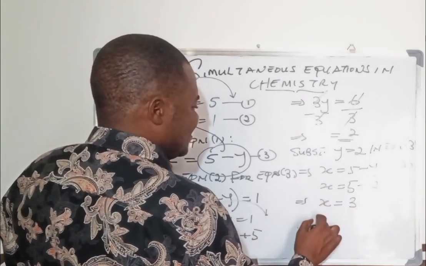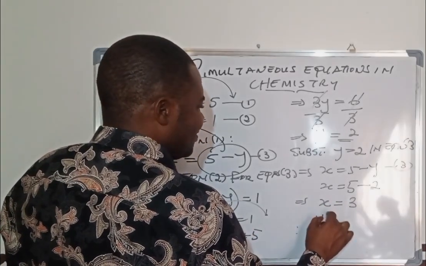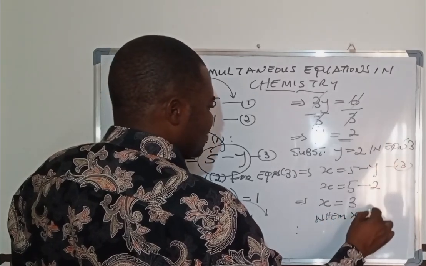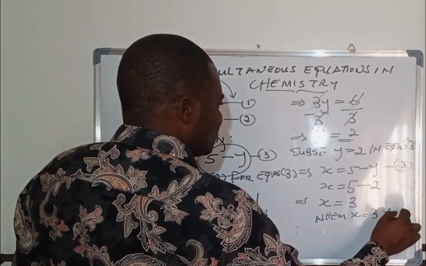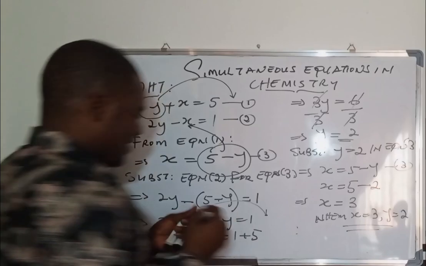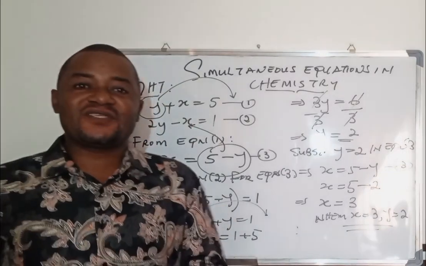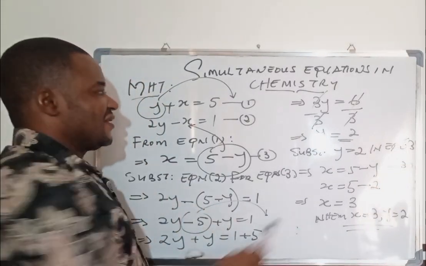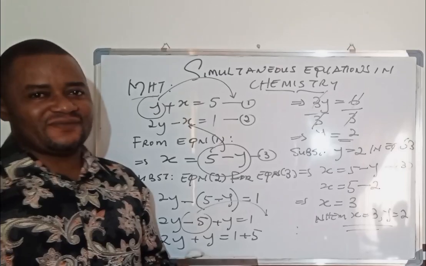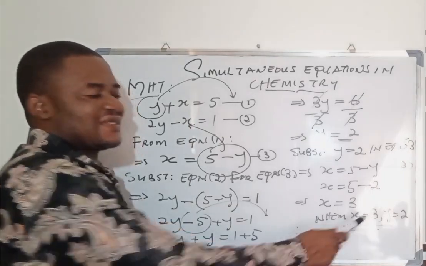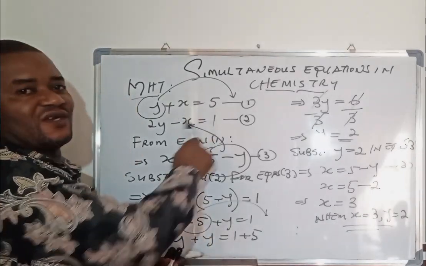That means when x is equal to 3, y is equal to 2. In this way, you have been able to solve for these two variables through a simultaneous equation. You have gotten the value of x and y in these two equations.